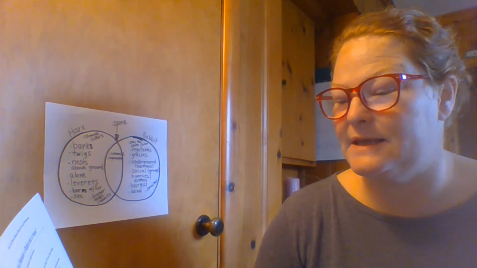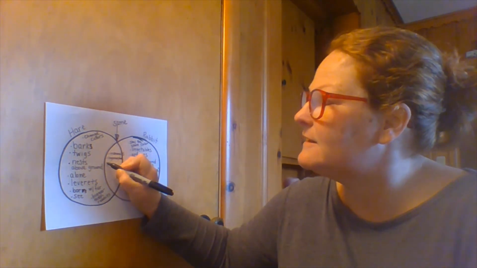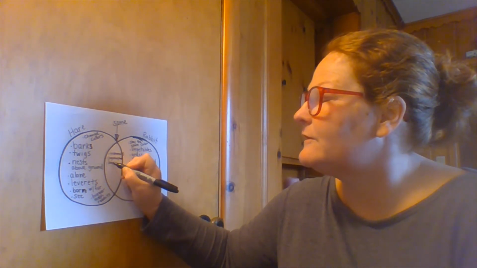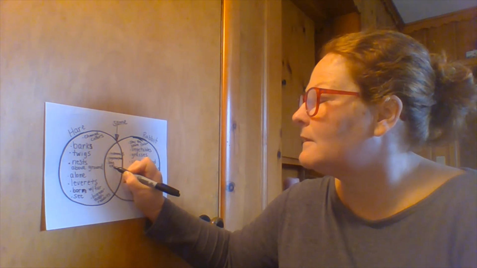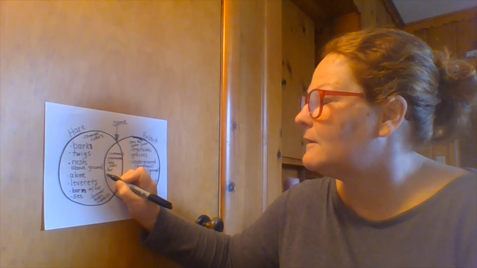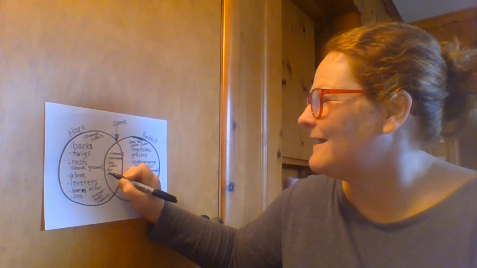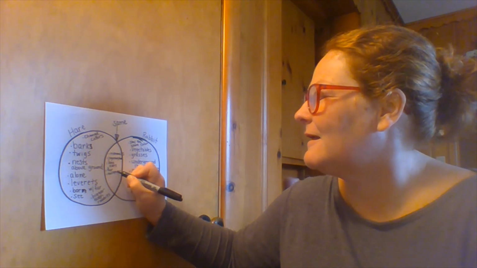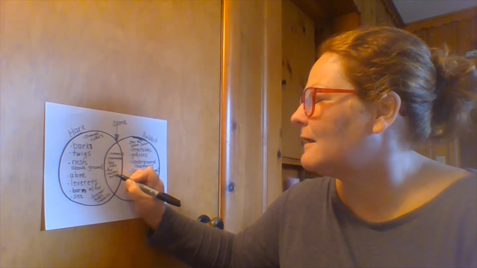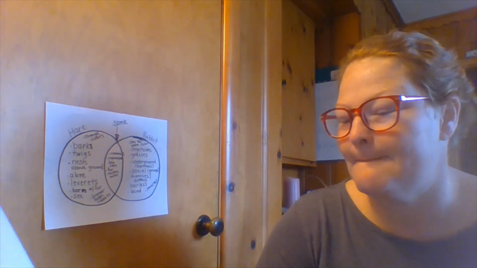And let's see. They look a little bit alike. What do they have that's alike? They have long ears. And they have fur. They have twitchy noses. So they have some things that are alike.